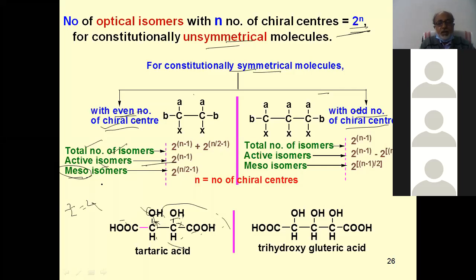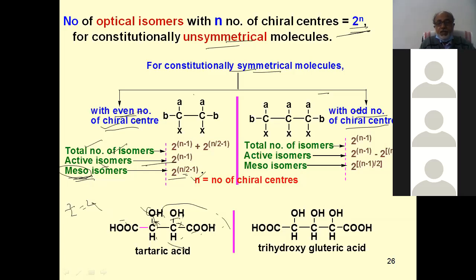Meso means the molecule has chiral centers, but in spite of that the molecule is symmetric because of a plane of symmetry, center of symmetry or axis of symmetry in the molecule. Such compounds are called meso compounds, and they are optically inactive. The number of meso compounds will be 2 to the power n by 2 minus 1, that is, n by 2 minus 1, not n divided by 2 minus 1.